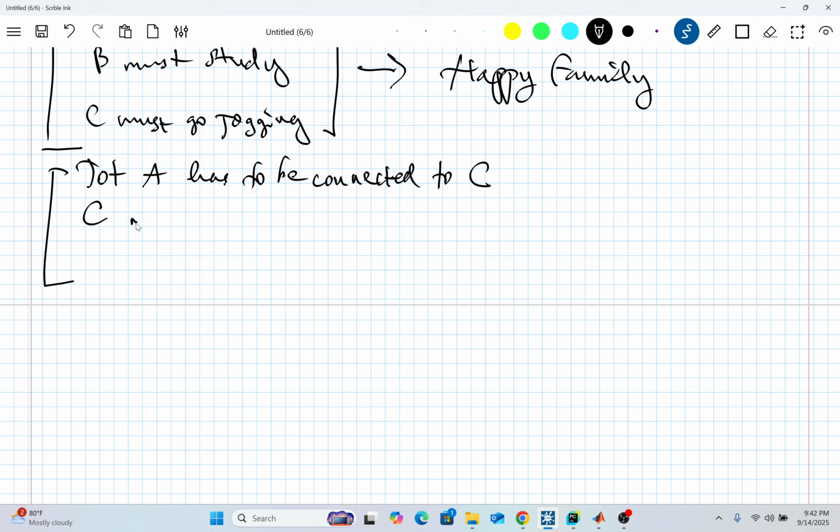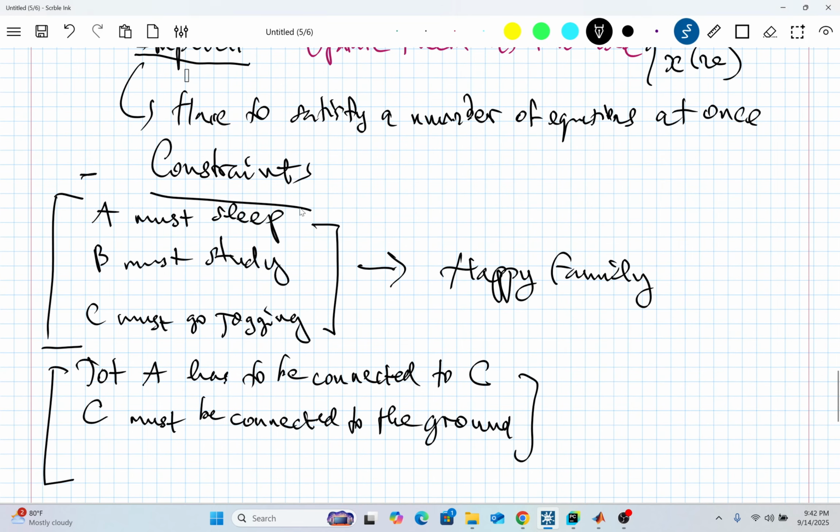Like C must be connected to the ground. Like you will have a lot of sticks that they have to connect to each other in some way, and that's where you will have to solve for constraints. And there are two ways to solve for constraints. There will be exact and iterative.